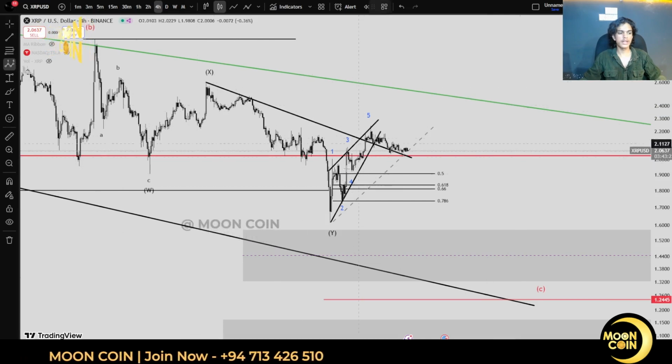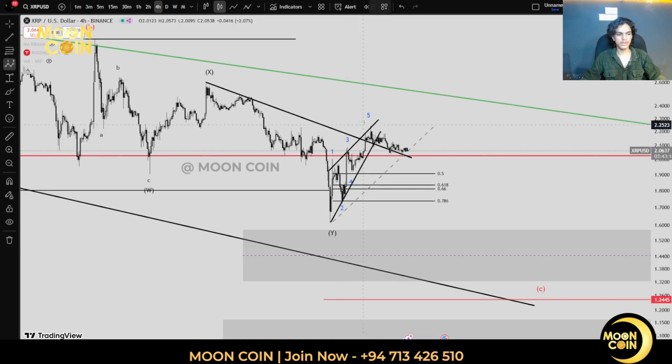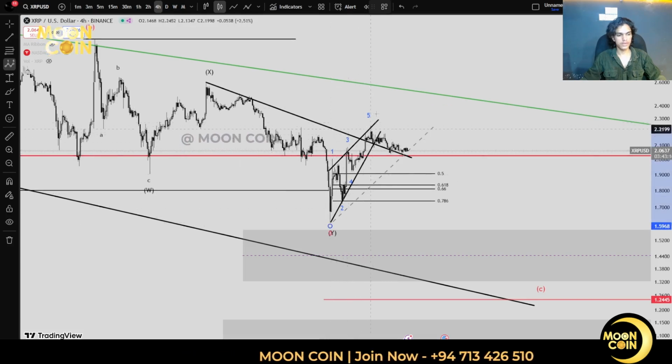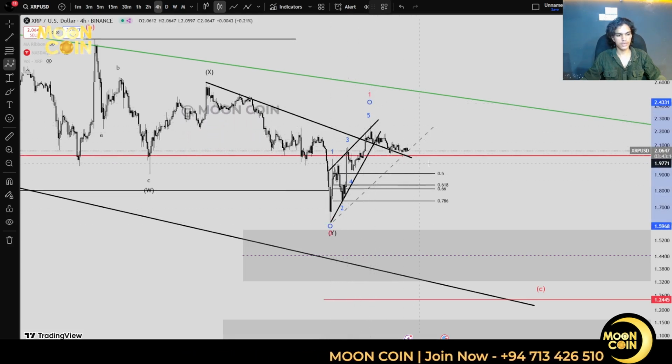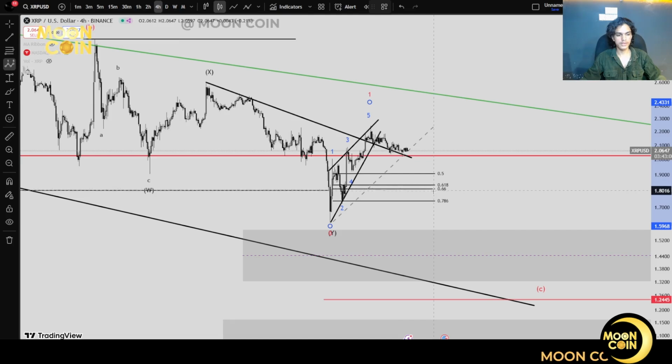Now this is a leading diagonal, right? So what happens now is this is a 5 count wave, so this completes a first wave. Okay, and second wave should be at least 0.5 or 0.61 or 0.66. If it is a second wave, that level is expected.